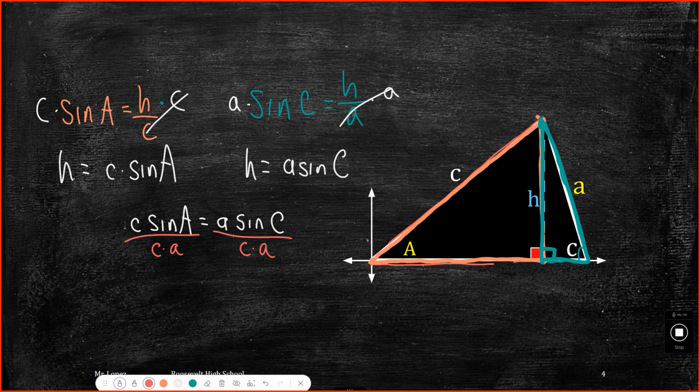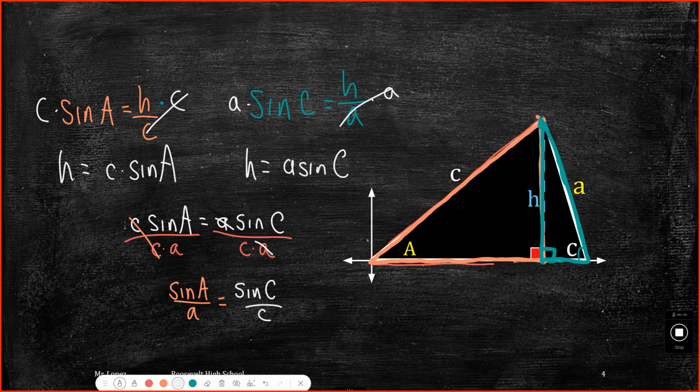What can we do on the left side? Cancel out the c and the c, so now I'm left with sine capital A over little a is going to equal... And what can we cancel here on the right? A and A. So now I have sine capital C over little c.